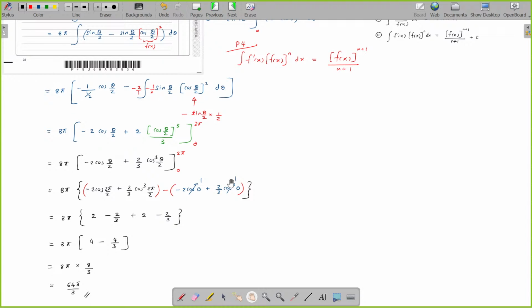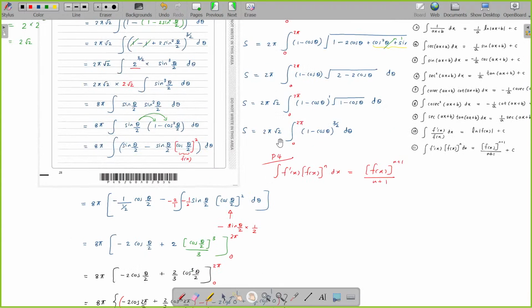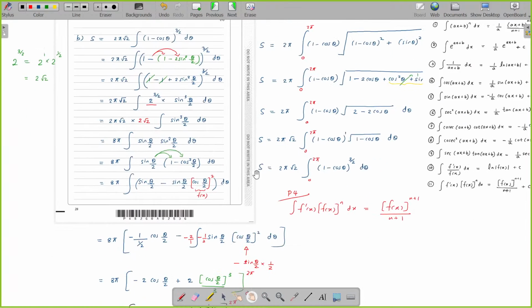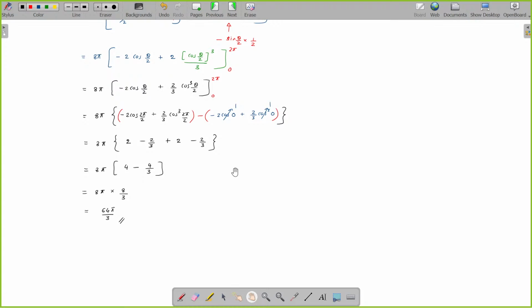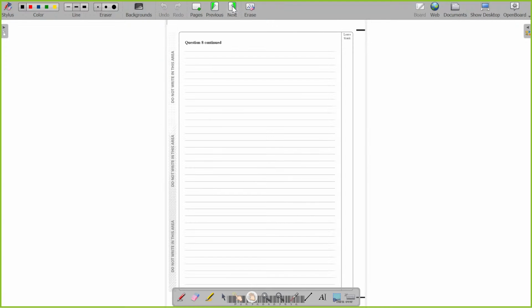I'm just waiting to see if there are any comments or anything you need to ask. Then we can move on to the next question. Okay, guys, are you clear on this? So I'll move on, right? If you have any specific questions related to this integration that I performed, you can ask me. I'll move on. If you have anything, you can just let me know.